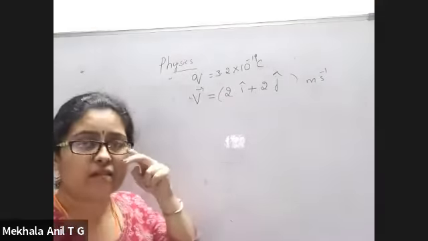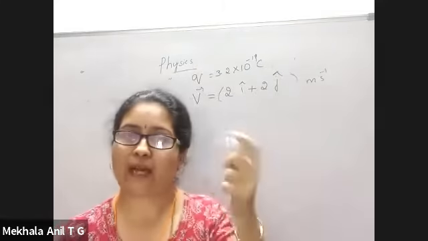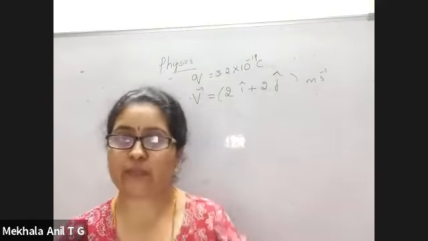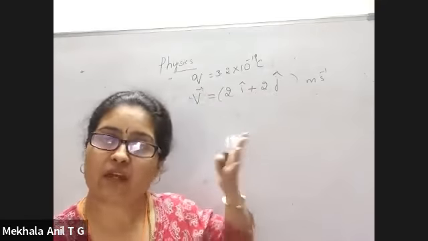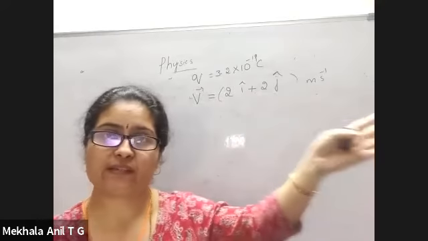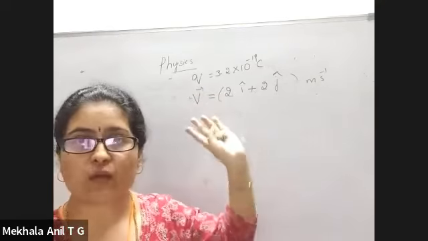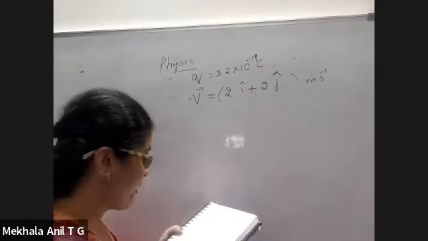Usually they will give you the magnitude, like 2 meter per second or 50 meter per second. Here they have given it vectorially: along the x-axis how much velocity is there, along the y-axis how much velocity is there.